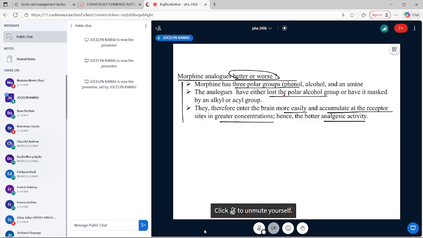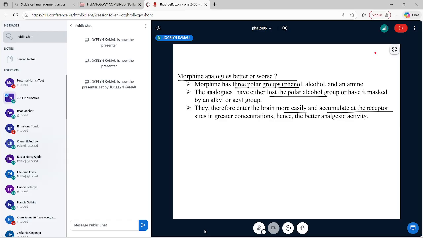When you look at another one, the activity that you get is dependent on the specific structural modification. So it cannot really be generalized. We cannot generalize that the morphine analog will be better or worse.